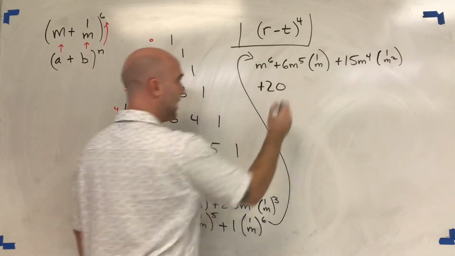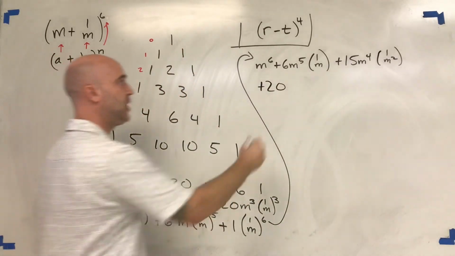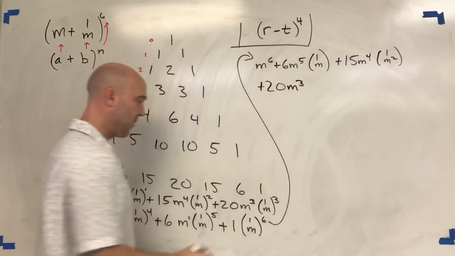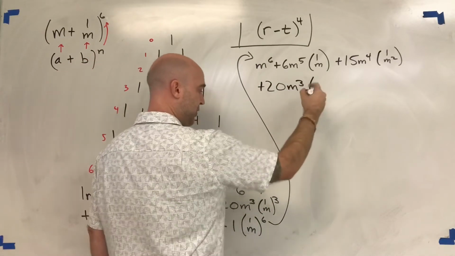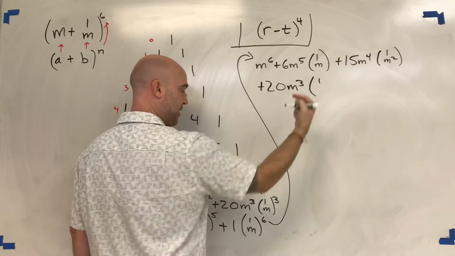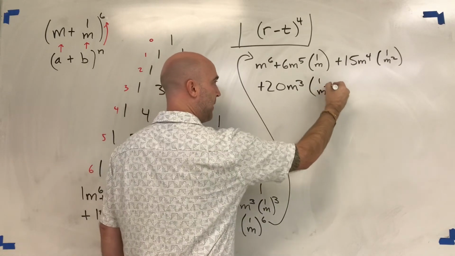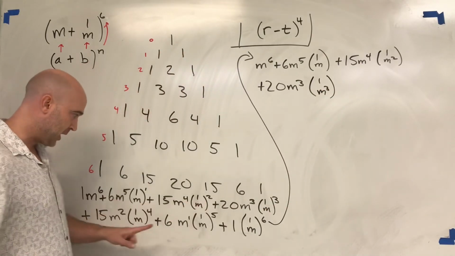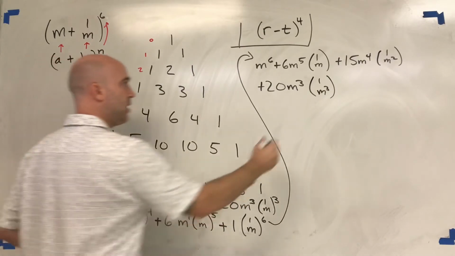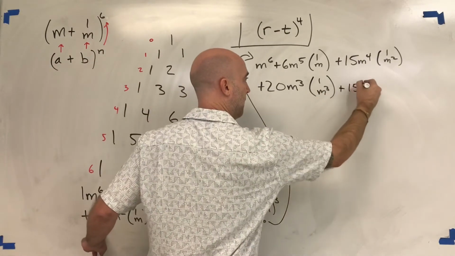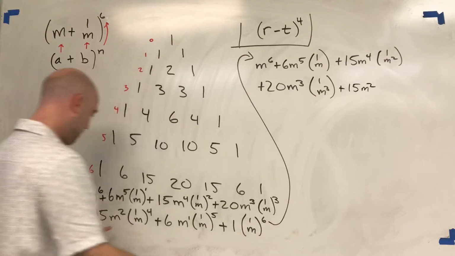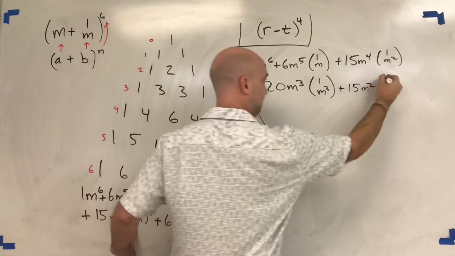Plus, there's our 20 m cubed. The choose is 1 times 1 times 1 is 1, m to the 3rd. Check. 15 m squared. The choose is to the 4th power.